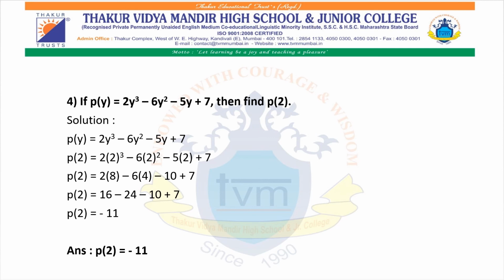So p of 2 is equal to 2 in the bracket 2 cube minus 6 in the bracket 2 square minus 5 in the bracket 2 plus 7, which is equal to 2 into 2 cube we will get 8, minus 6 into 2 square we will get 4, minus 5 into 2 we will get 10, and plus 7 as it is, which is equal to 16 minus 24 minus 10 plus 7. So after solving all this we will get the answer as minus 11. Therefore p of 2 is equal to minus 11.